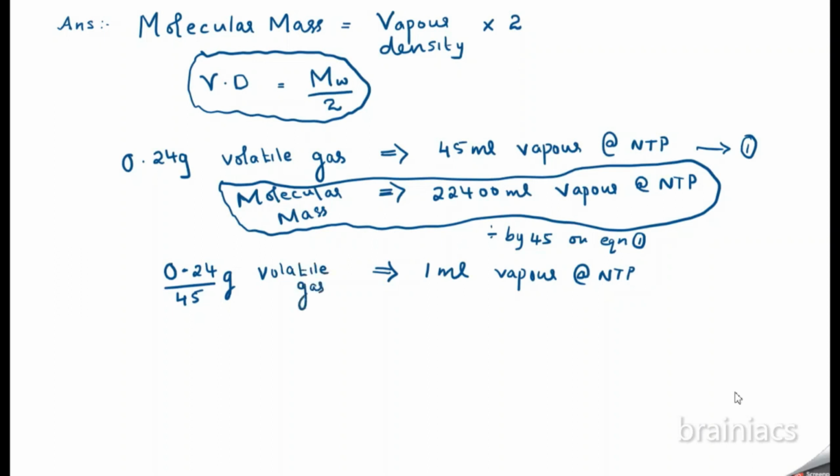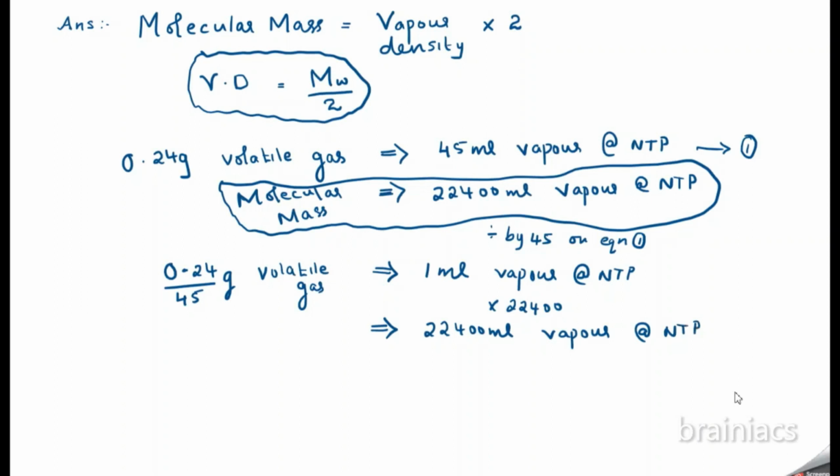Now we know that 1 ml vapor will have a mass of 0.24 gram divided by 45. We know that 22400 ml will have a mass equal to the molecular mass. So how can you convert 1 ml to 22400 ml? Multiply by 22400. If you multiply on the RHS, this becomes 22400 ml vapor at NTP.